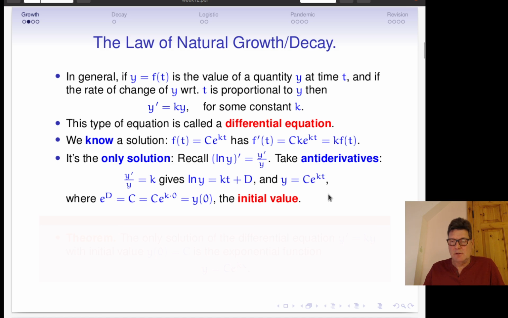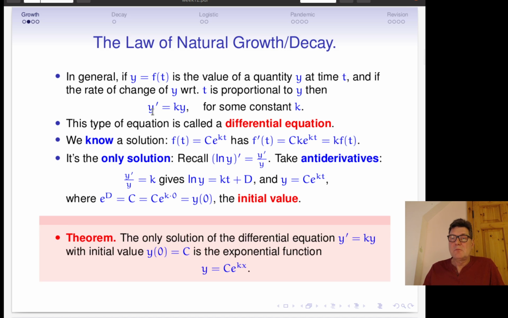That's the argument which shows that this function c times e to the kt is the only solution, or these functions with any capital C are the only solutions to this differential equation.